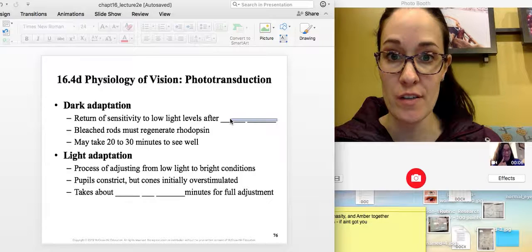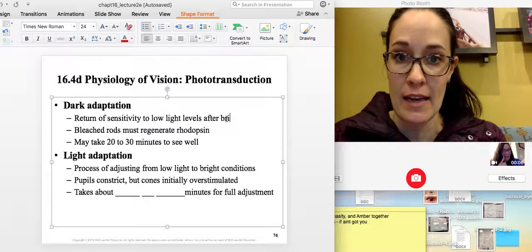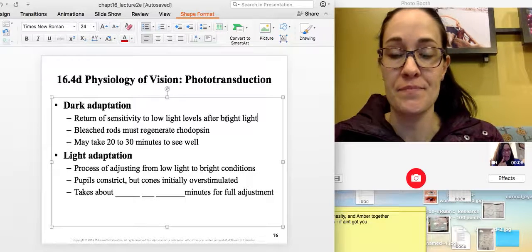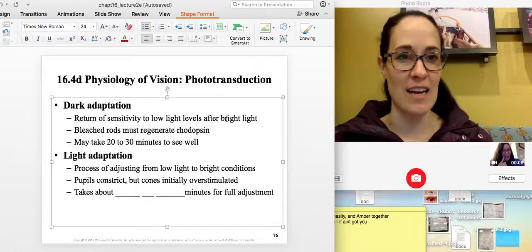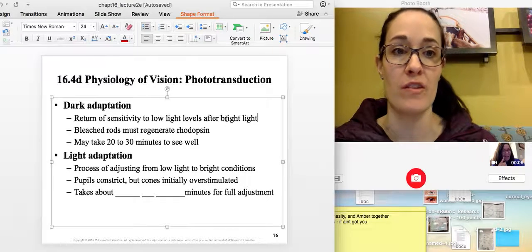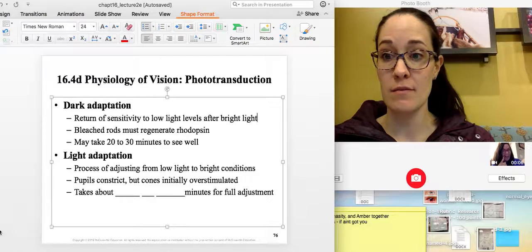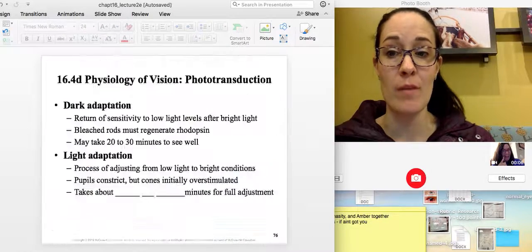It's the return of sensitivity of your eyes after going in the bright light. You have to be accustomed to the dark again. So remember, you're in the light, enjoying the outside, the sun. You go into a very dark place, maybe a movie theater. All the rods, remember, are bleached. They're all straight. They need to be rebuilt.